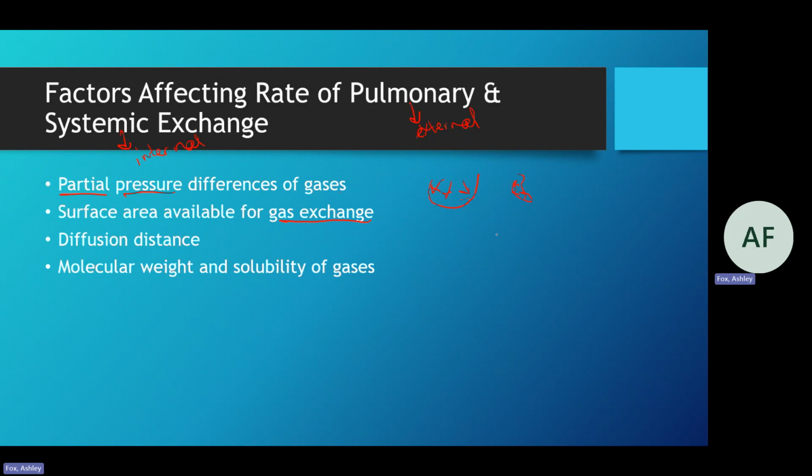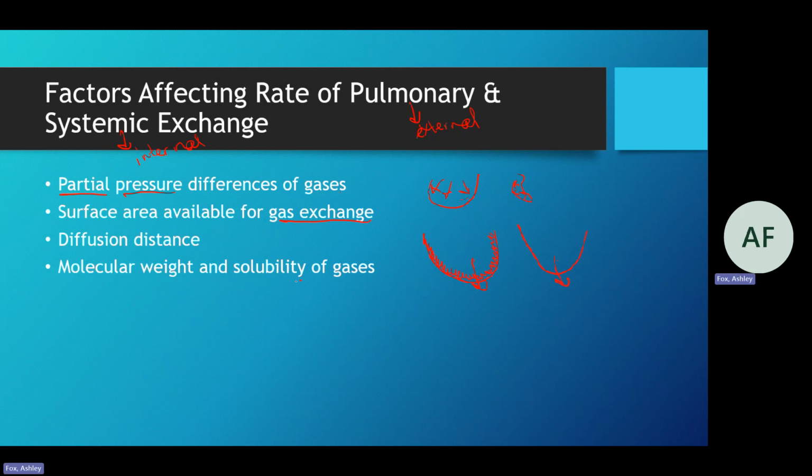The diffusion distance is another major one. So if, again, same thing, you have alveoli and you have some mucus that's getting down or infection or something like that, well, the distance that the gas has to move is larger. It's a lot easier for it to move through that than to move through this. So if you're increasing the diffusion distance, then that can affect your exchange, because the longer the distance, the harder it is for it to diffuse.